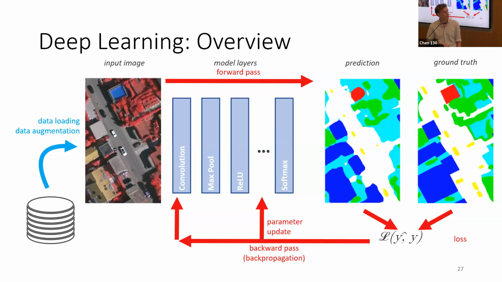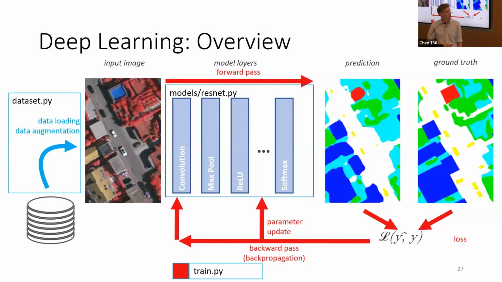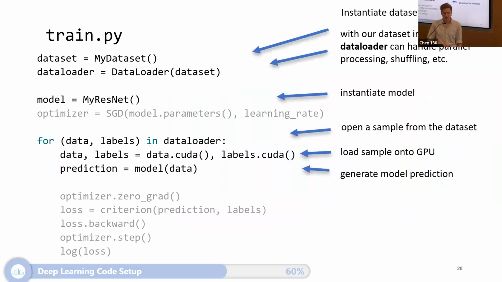And with the prediction, now we want to do the loss and the backward pass. So now we do that in the train.py. And the train.py is the organizer, the manager of everything that's happening here, because it first creates the dataset, it instantiates it, it creates a data loader.